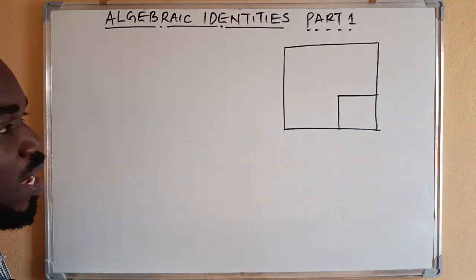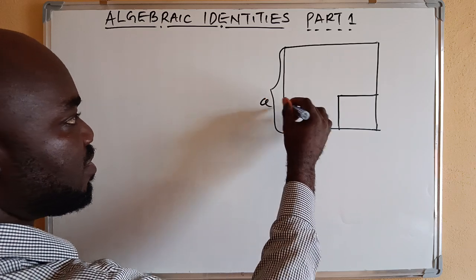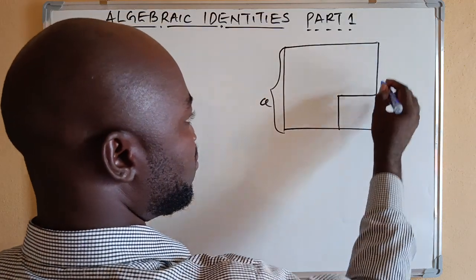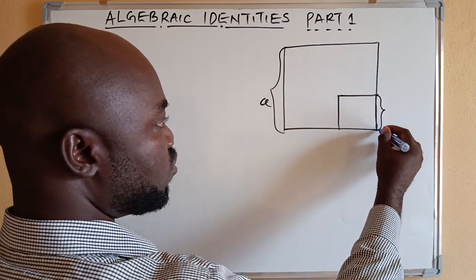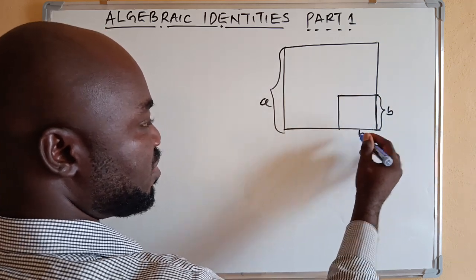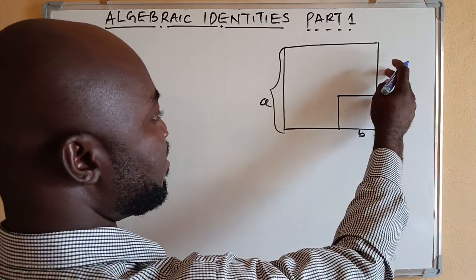So I have two squares. The whole of this is A. Here will be my B, the whole of this place will be my B, here will be my B. So I have A and A here.